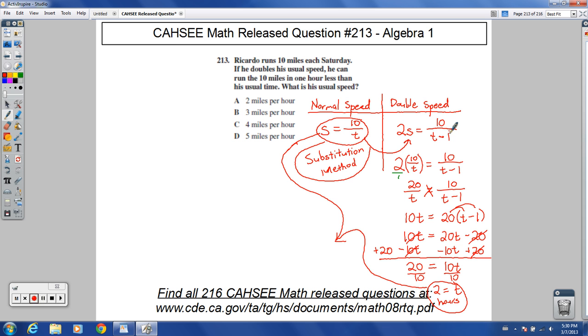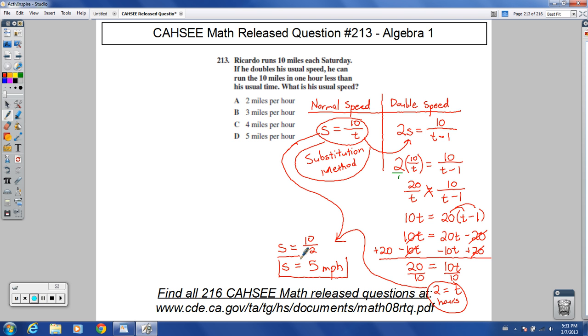And if I plug that in to find the usual speed, the plain old s and not the 2s, I would have s equals 10 over 2. And so 10 over 2, that would be 5. So you'd have 5 as your speed. This would be 5 miles per hour since we are talking about miles and hours. The speed is 5 miles per hour.